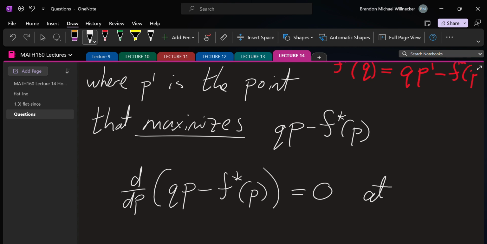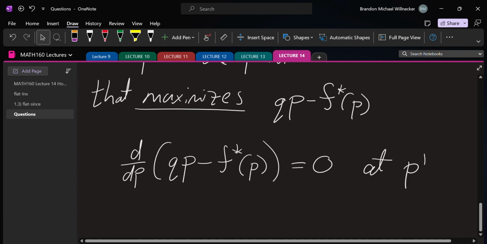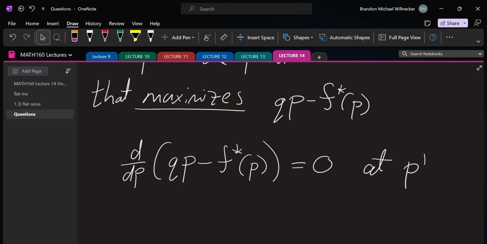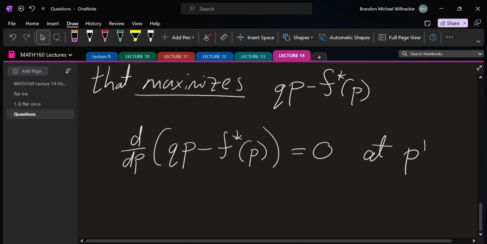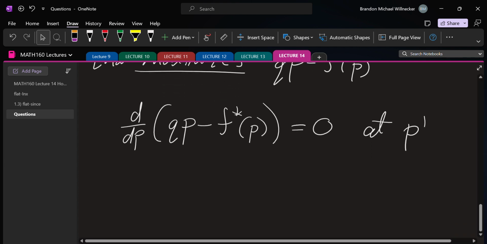This gives us p prime. So here, this will be valid at p prime. Okay. Exactly the same process as before. Before, this would have been d by dx, and we would have been solving for x prime. But this is the second time we're doing this process. So now it's d by dp at p prime.